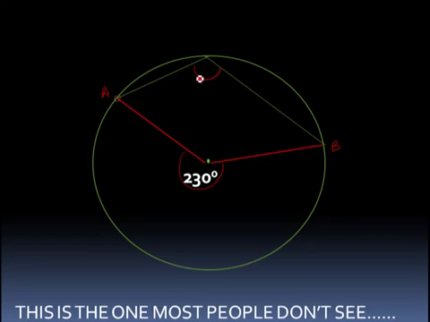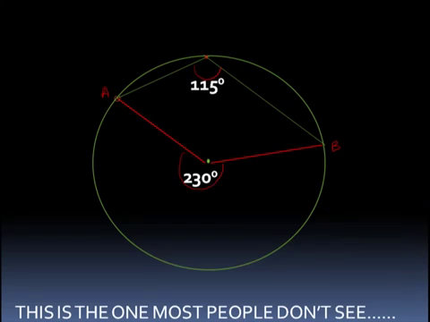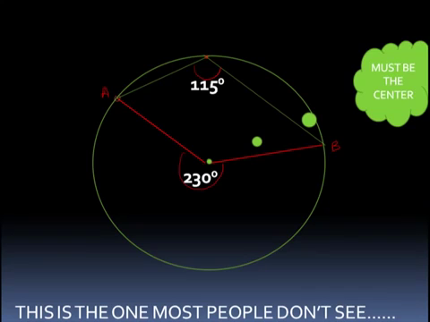It's the angle at the center, and this is still the angle at the circumference. So the same rule applies. What is the answer there? Can you think about it? Let me give you a few seconds to think about it. Yeah, that's correct. 115 degrees, a half of the angle at the center. Okay?